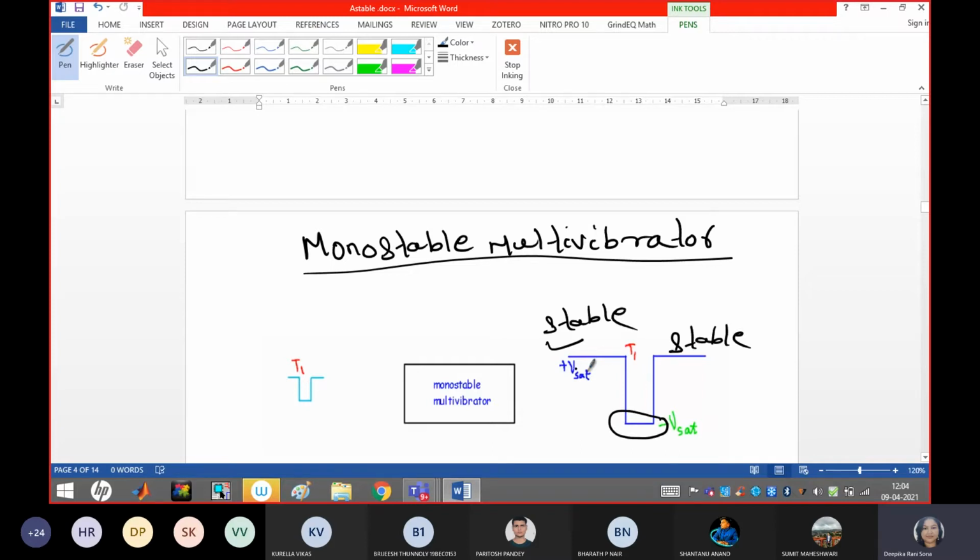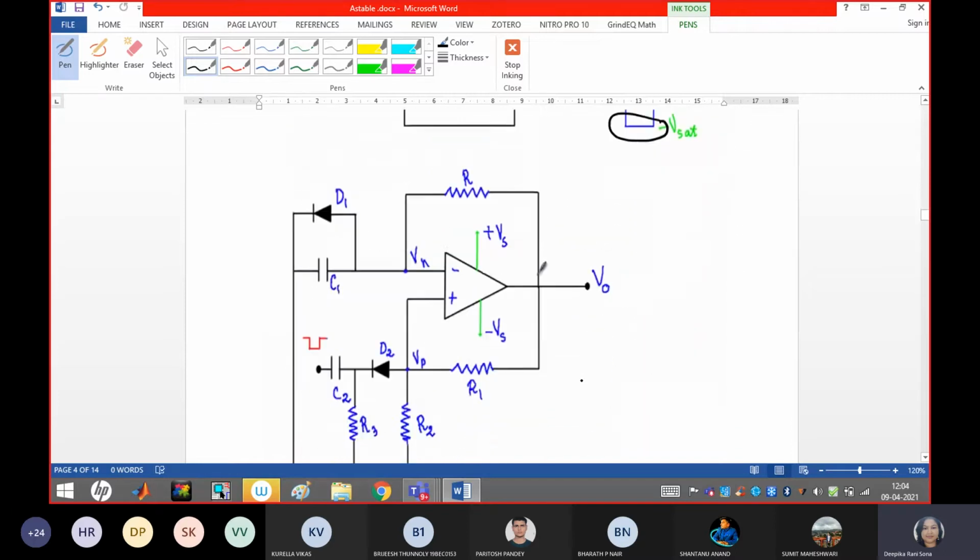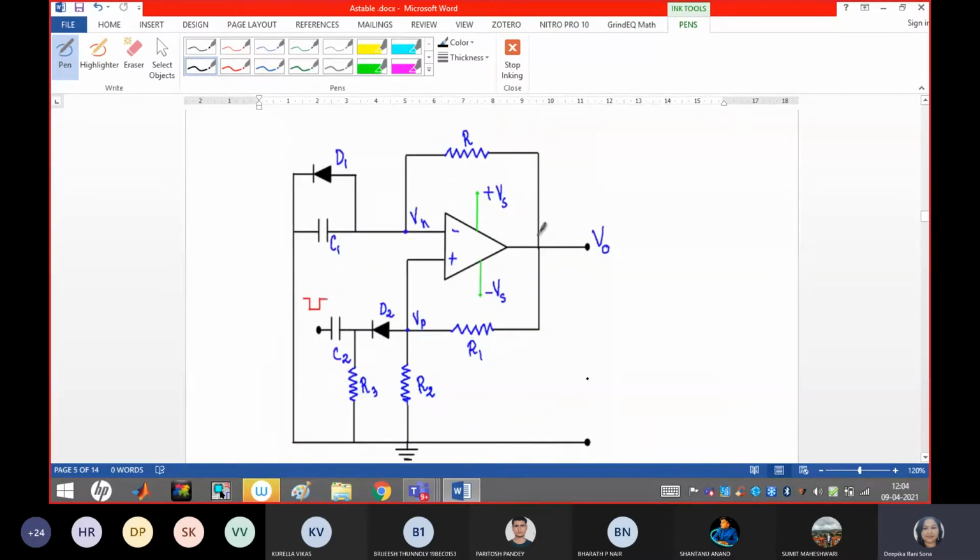So this is the concept. I have a single stable state only, and in this case it is plus V set. Now let's see the circuit construction of the monostable multivibrator and how we achieve a single stable state or a single pulse. That is called a monopulse, and the multivibrator used to generate that monopulse is called a monostable multivibrator.